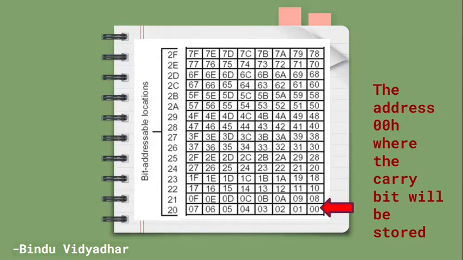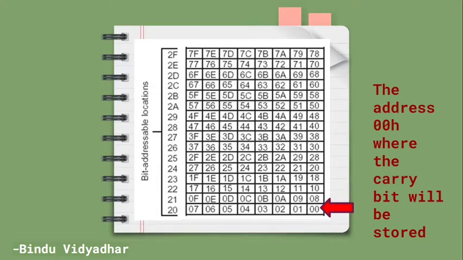Before storing the borrow bit, we have to know the organization of bit addressable memory locations. The memory locations from 20 to 2FH in memory are bit addressable locations, where each bit in the byte of memory has another address. For example, we can store the carry bit in any location within 20H.